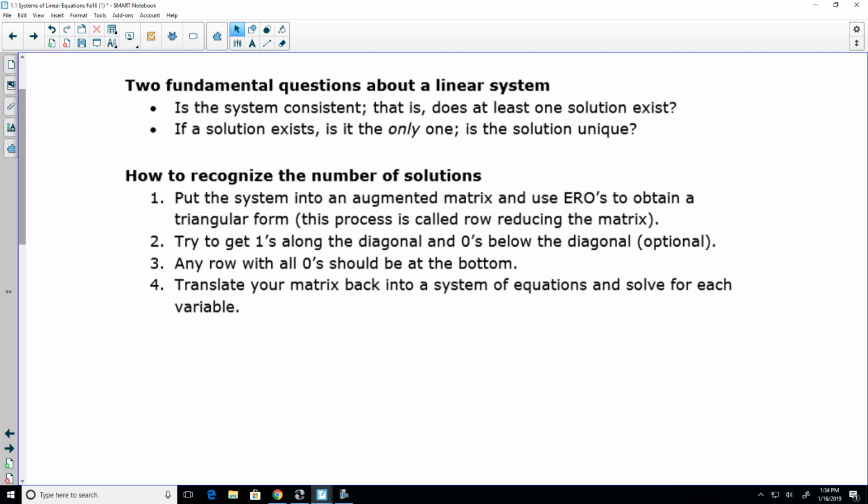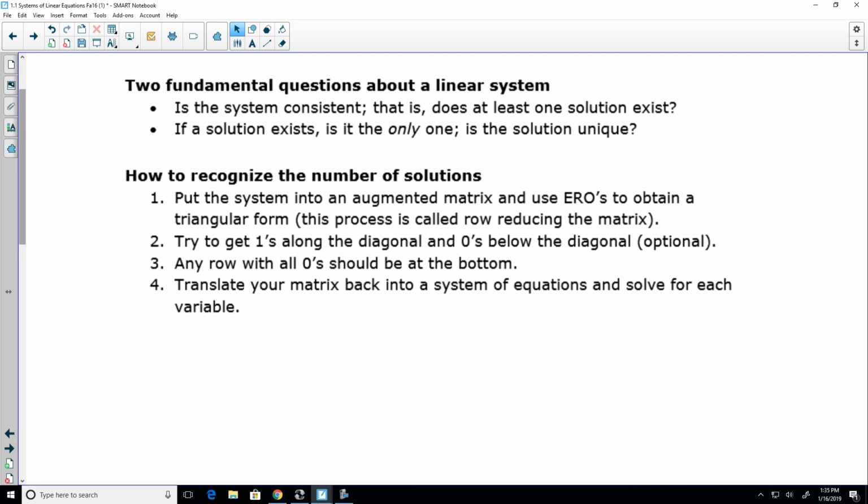It just means there's infinitely many of them. Okay, they might lie on a line or on a plane, but it won't be everywhere, right? And then the second thing is, if the solution exists, is it the only one? Is it unique? So is there a solution, and is there only one, or is there infinitely many?